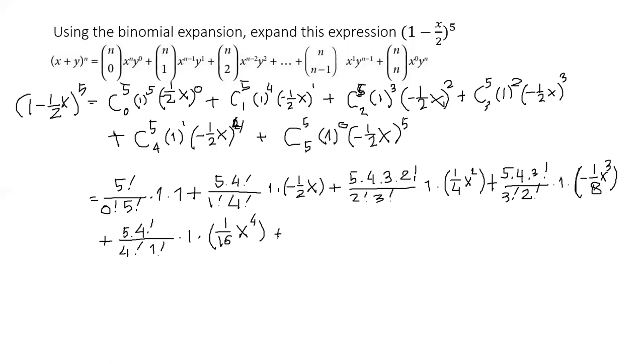Next, plus this combination is 5 factorial over 5 factorial times 0 factorial, because 5 minus 5. 1 times negative 1 over 32 x power 5.